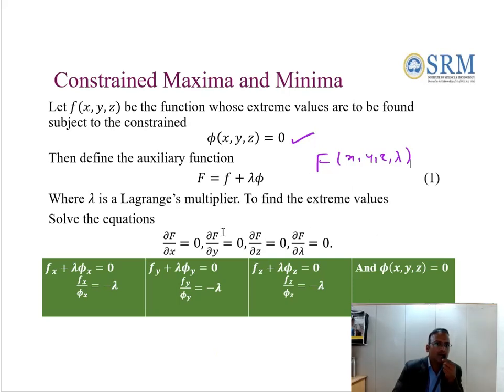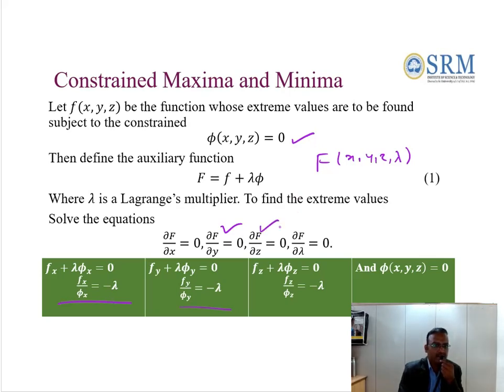So dou F by dou x equal to 0, dou F by dou y equal to 0, dou F by dou z equal to 0, and dou F by dou lambda equal to 0, right? That gives fx plus lambda pi x equal to 0. Therefore, from this we get fx by pi x equal to minus lambda. Similarly, from dou F by dou y equal to 0, we get fy divided by pi y equal to minus lambda.